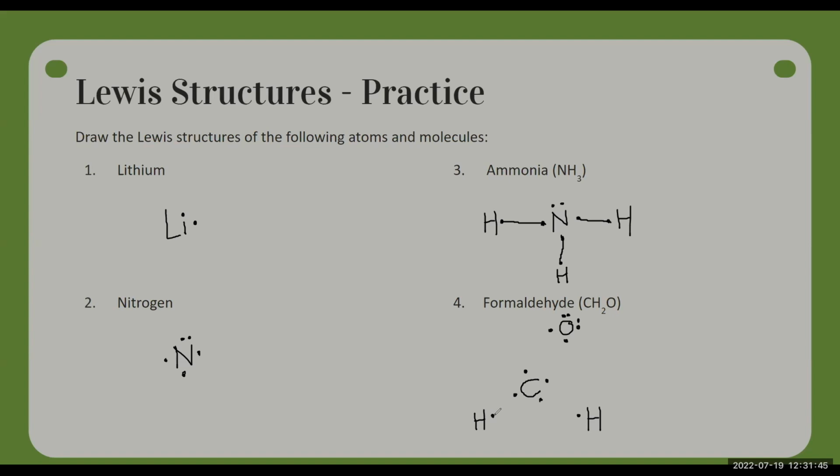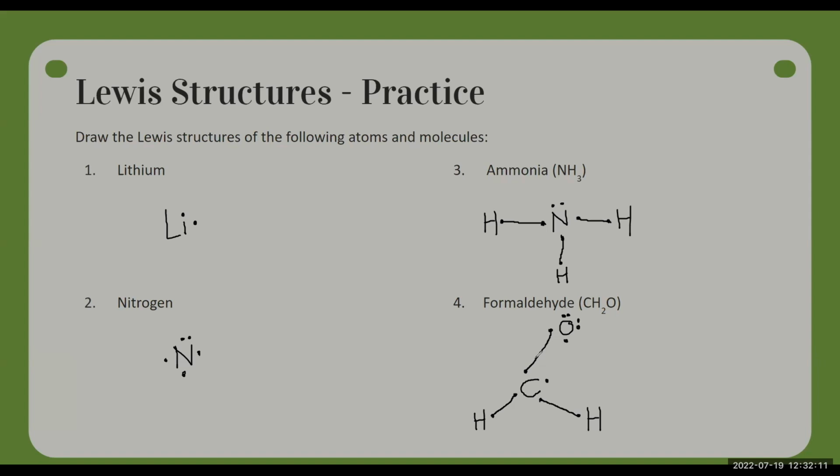And what I'm going to do here is I'm going to draw this unpaired electron and bond it here. I can draw another bond right here. And then I can also draw one bond up here. And then we can see that the octet is not actually completely filled.